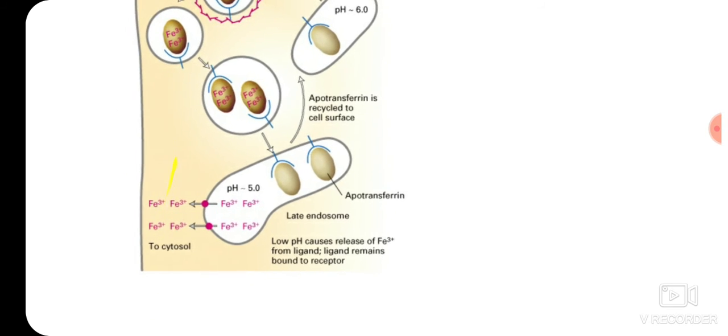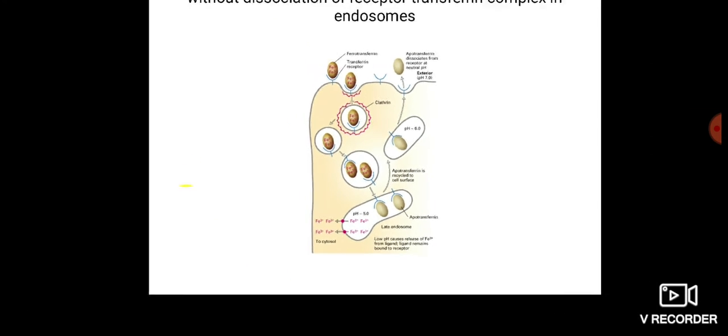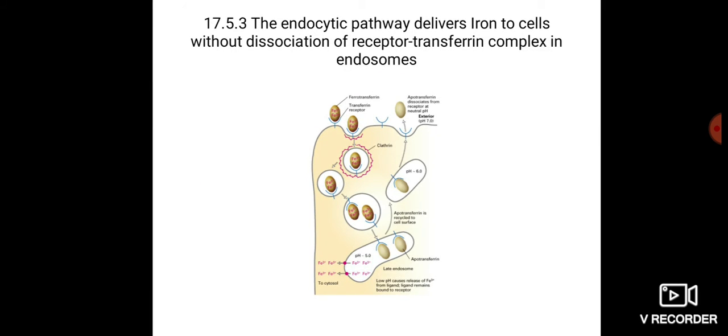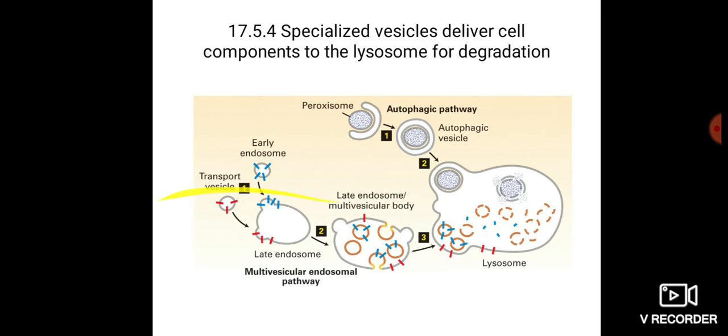And the Fe3+ which is left in the late endosome will further get utilized wherever Fe3+ is required for the reactions. So this is how transferrin plays a role in movement of iron, which is facilitated through receptor mediated endocytosis.